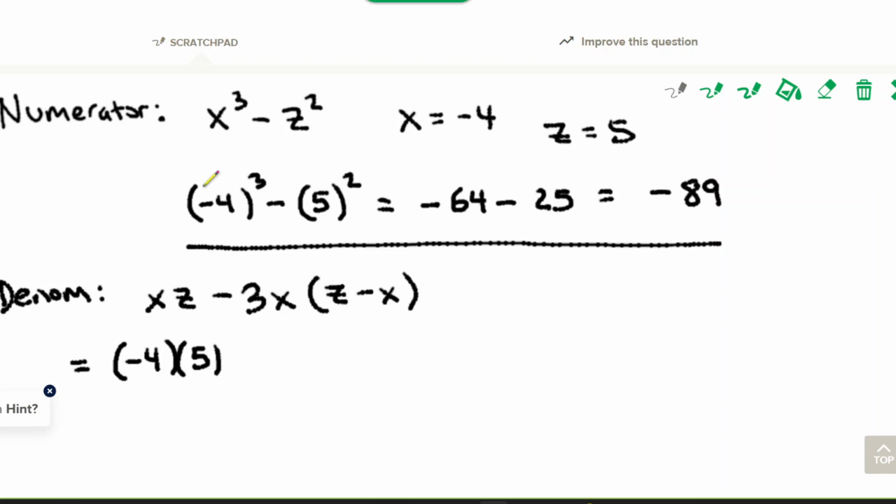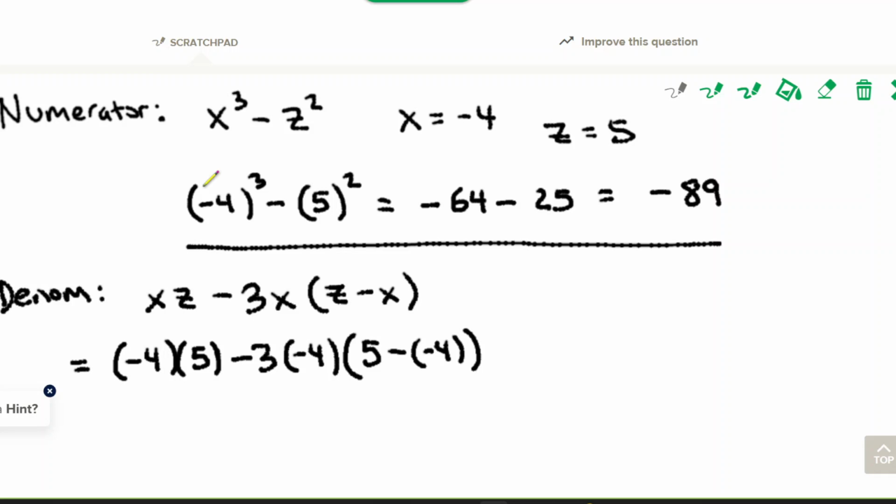So -4 times 5, and then we have minus 3 times x, replaced by -4, and then multiplied by, inside this set of parentheses here, we have a difference, z is 5, minus, and then x is -4. The only time I don't put parentheses around my replacement is if it's got a coefficient of +1. That's the only time I never put parentheses. Every other time, if it's being subtracted, or multiplied by -2, -1, 5, or raised to powers, put parentheses around it.